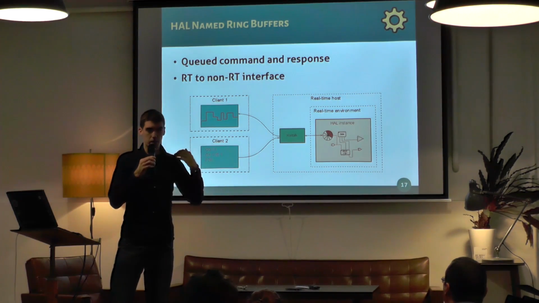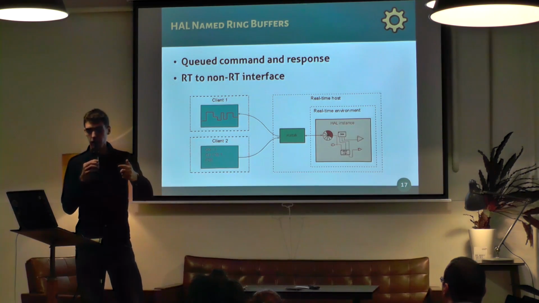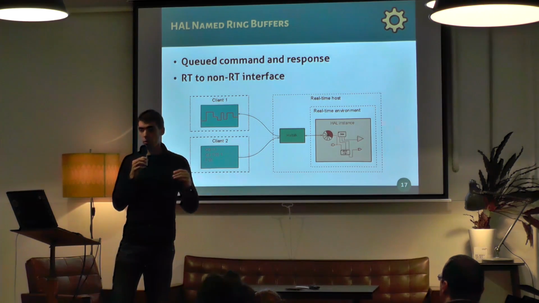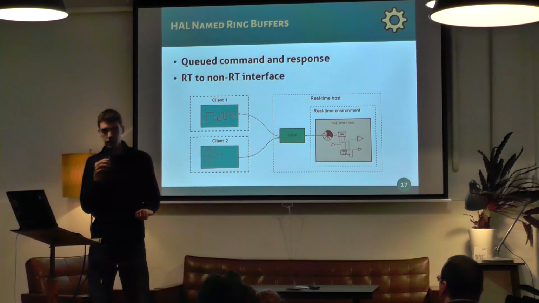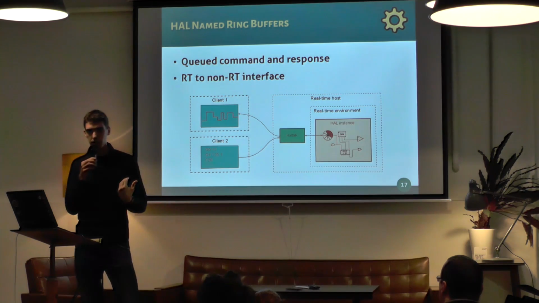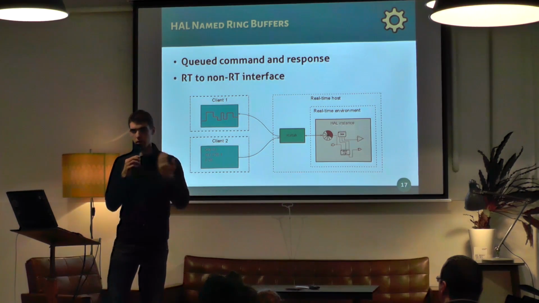So you can send multiple commands into the real-time environment, preserving the order, and also get data out of the real-time environment. For example, an application would be an oscilloscope, where you may want to get value changes. These value changes usually happen very quickly, but a non-real-time environment, for example a user interface, is not that performant to show these value updates in real time, so it pulls the values from this buffer.